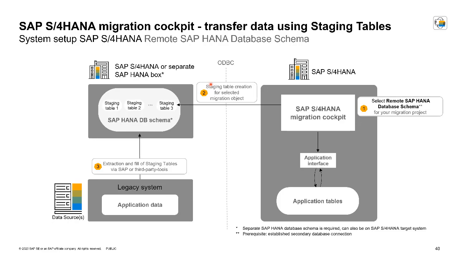Then the same steps: we extract and fill the data into the staging tables. The cockpit gets read access to the staging tables, and the APIs run the update on the application tables. And also here, the cockpit sends back to the staging tables the status for each and every record we have touched.